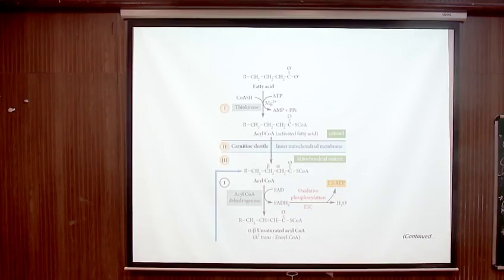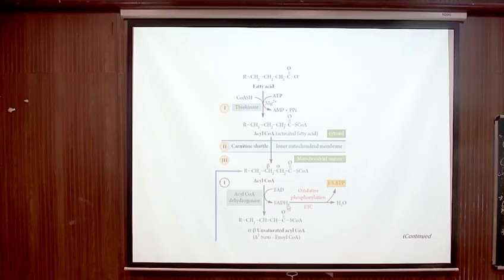Flavin adenine dinucleotide, which gets reduced to FADH2. And from acyl coenzyme A, the next intermediate that we get is the alpha beta unsaturated acyl coenzyme A, or it can also be called, just remember, enoyl coenzyme A.